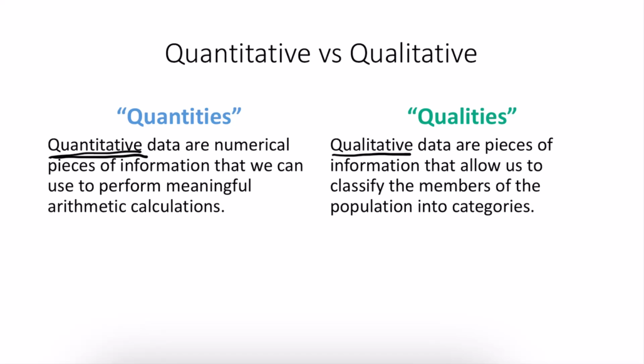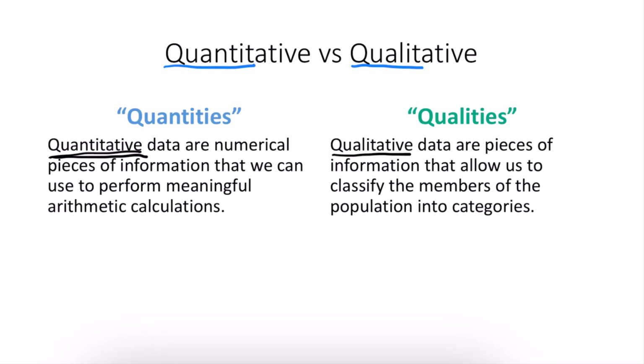This is built into the name, because the root word of quantitative is quantity, versus qualitative, which has the root word quality. Quantitative data has to do with the quantities or the numbers, and qualitative has to do with the qualities that you can use to categorize the different data points.